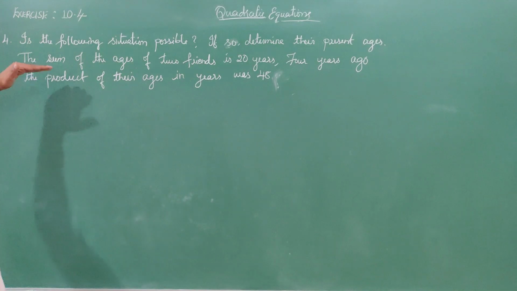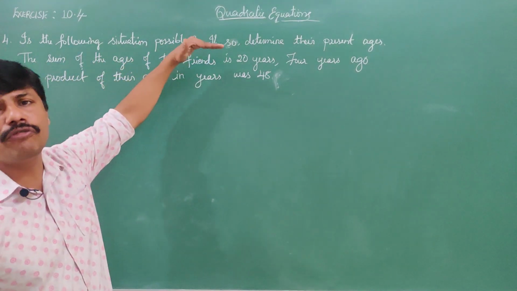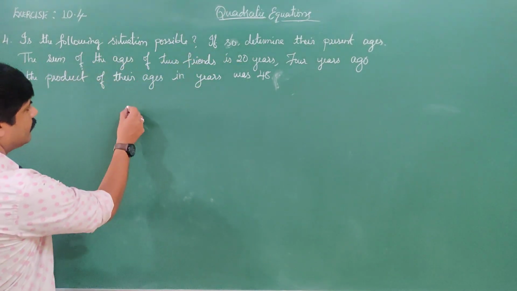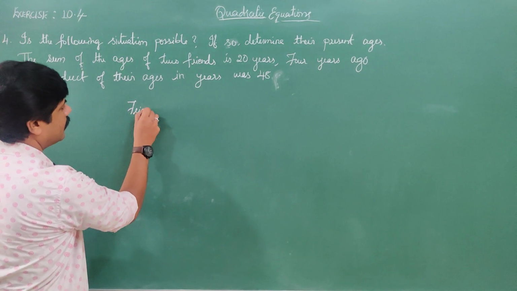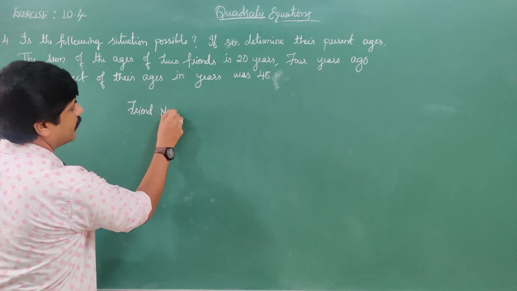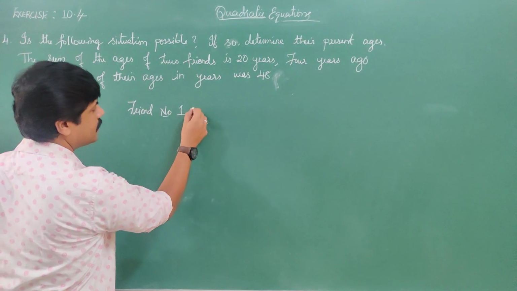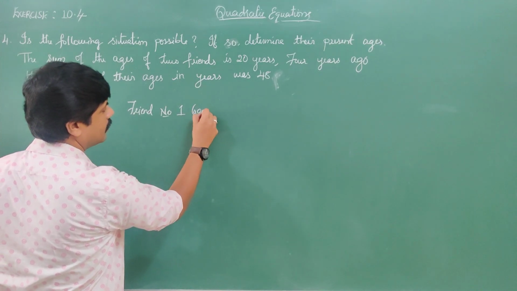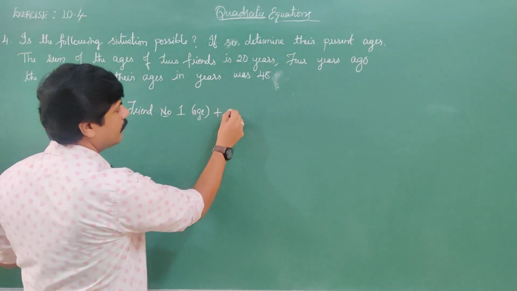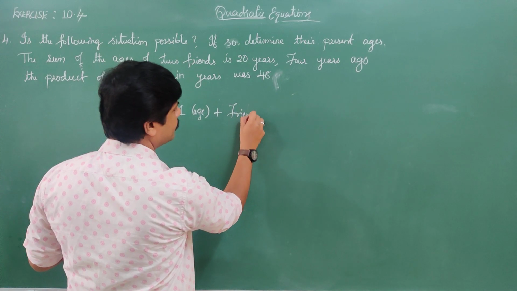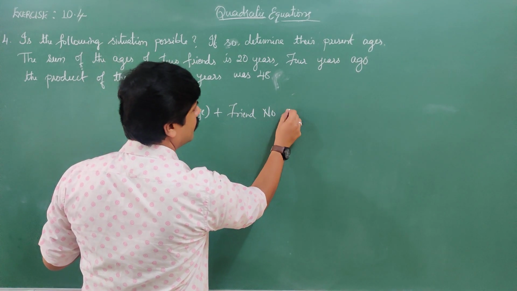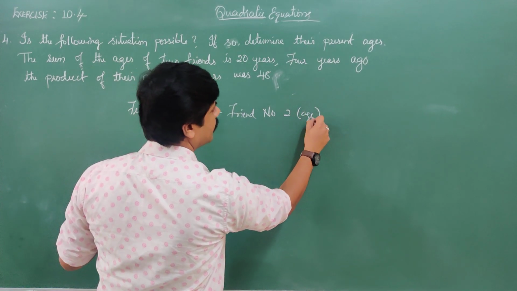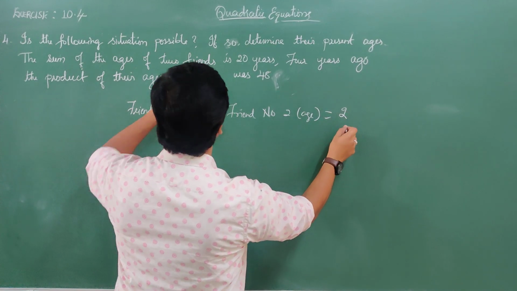First statement: the sum of the ages of two friends, friend number 1 age plus friend number 2 age, is equal to 20 years.